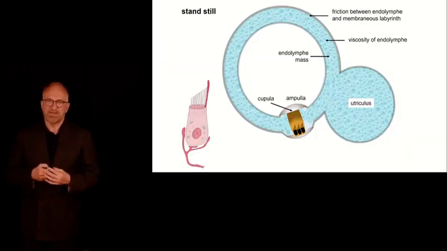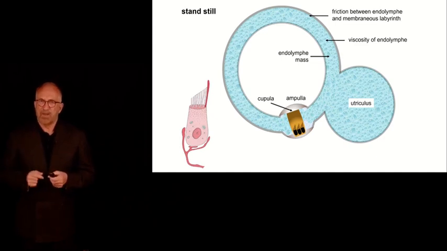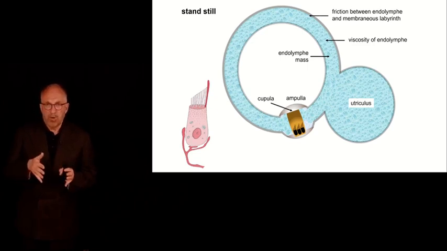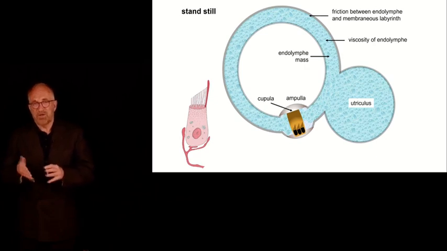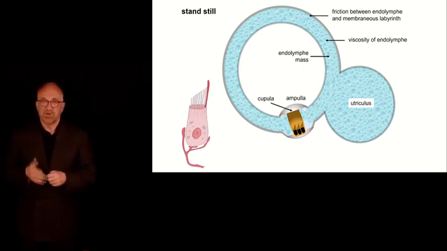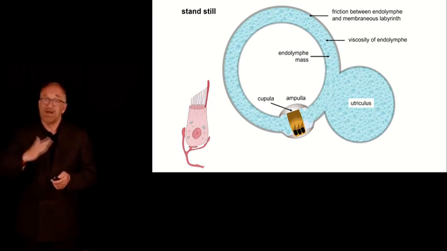They work like this. We have the cupula, and inside the cupula we have the hair cells that are all oriented in the same way. So the direction sensitivity of the hair cells in one cupula is all pointing in the same direction. So by that, the cupula becomes a direction sensitive membrane.